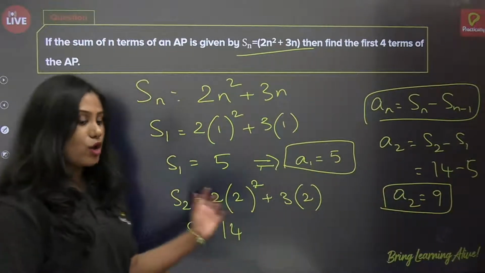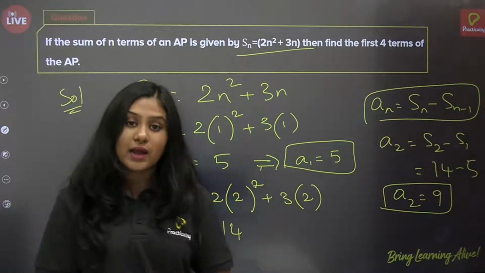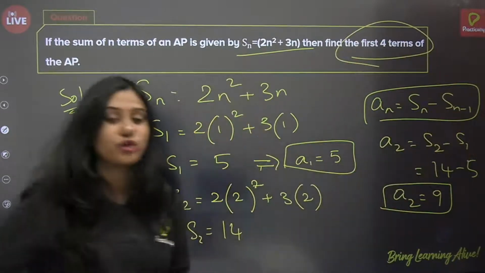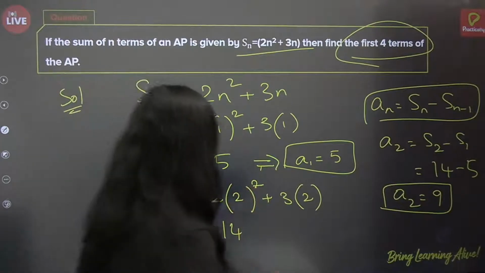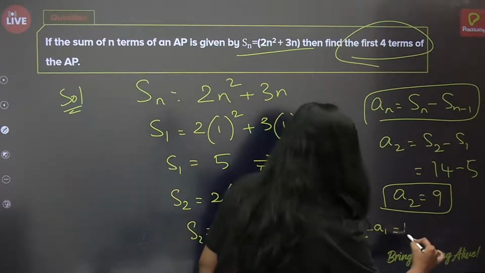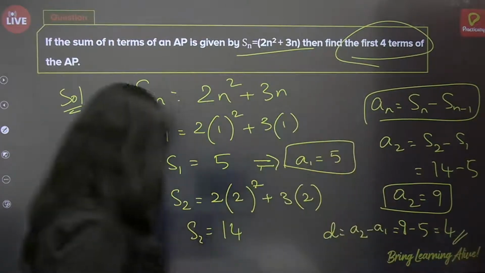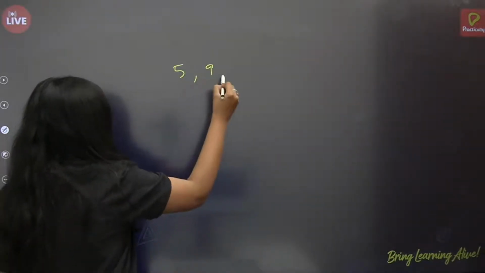Okay. Now, we got A1, we got A2. Can we find the common difference? But why do we have to find the common difference? Because in the question, it is asked to mention the first 4 terms of the AP. So, first let us find the common difference. D equals A2 minus A1, that is 9 minus 5, that is 4. So, 5, 9 and the common difference is 4.